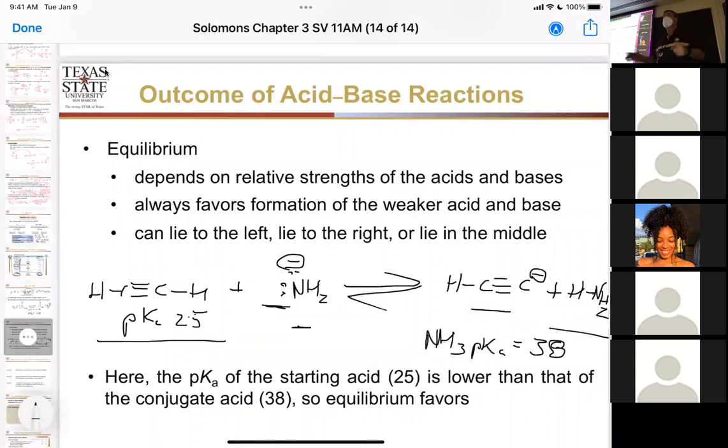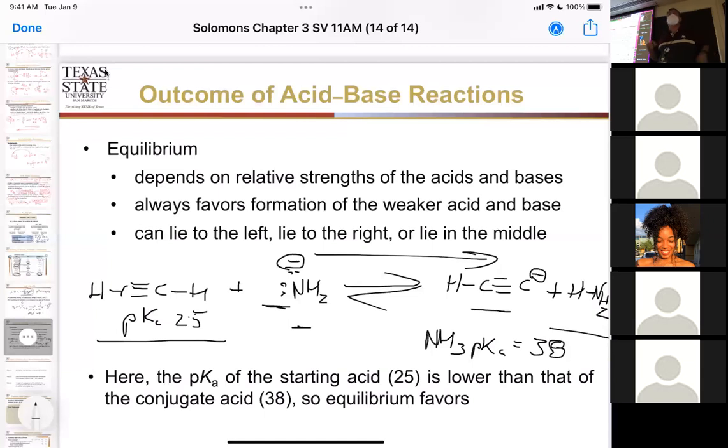So which way is the equilibrium going to lie, to the stronger acid or the weaker acid? To the weaker acid. So it's going to go that way. You don't even need to know the base strength. All you need to know is the pKa of the acid and the conjugate acid, and you can tell which way the equilibrium is going to go.